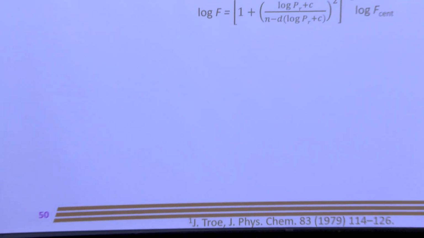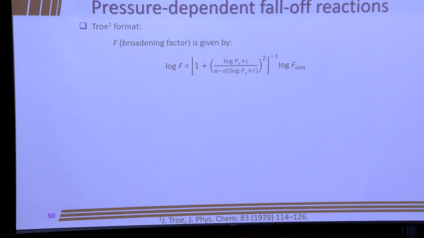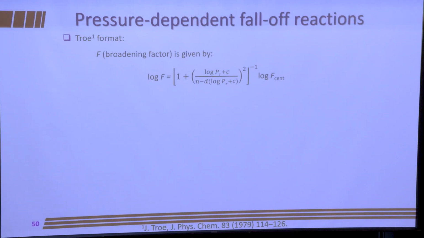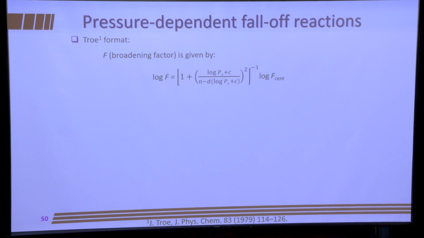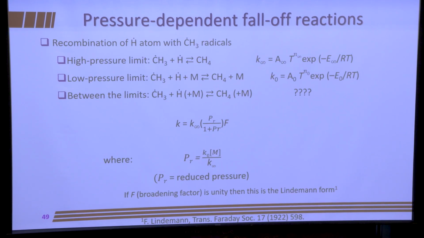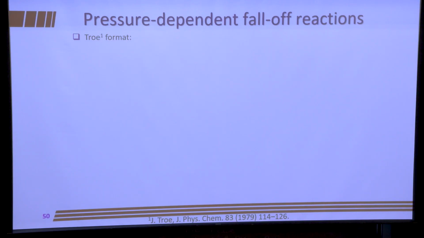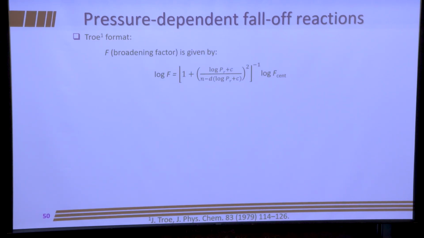Not just the Lindemann format, but the Troe format. In the Troe format, the broadening factor is given by log F is equal to 1 plus the log of the reduced pressure, log PR plus C, all over N minus D times log PR plus C, all squared, and then it's 1 over this term, basically, times log F cent.